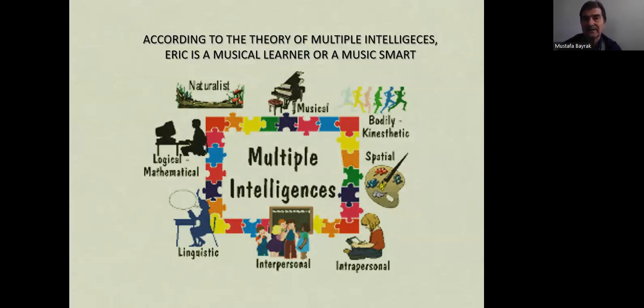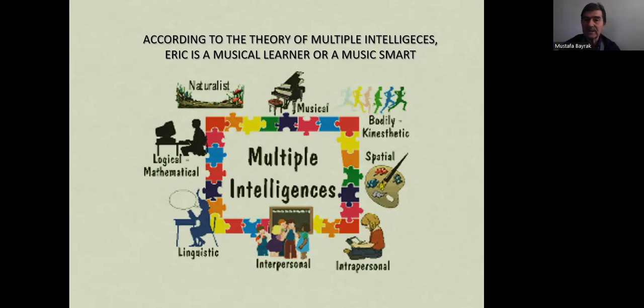So somebody may be a bodily kinesthetic learner, or kinesthetic smart, spatial smart, intrapersonal smart, interpersonal smart, linguistic smart. Yes, I think I am a linguistic smart or linguistic learner.